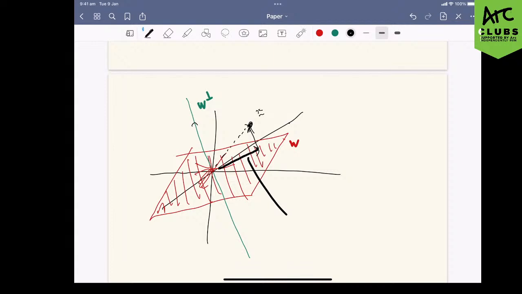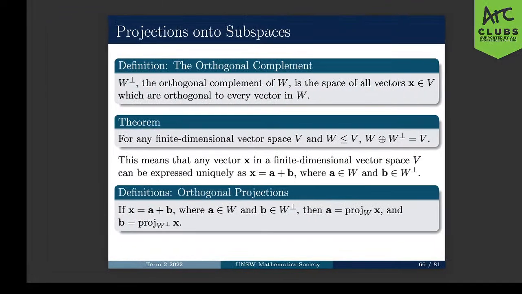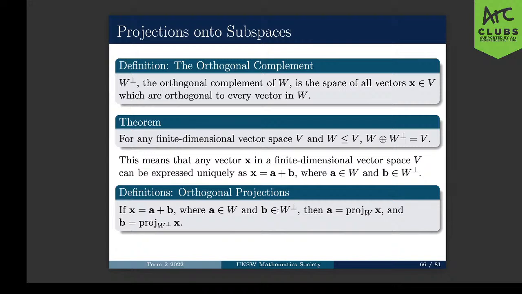This part here is the component of x inside the subspace W. That's a really good intuitive way of thinking about it. This is the projection of x onto W. And the other one here is its remaining part, the component of x going perpendicular to the subspace W. This is the projection of x onto W perp. Hopefully this illustration gives you a better intuition.